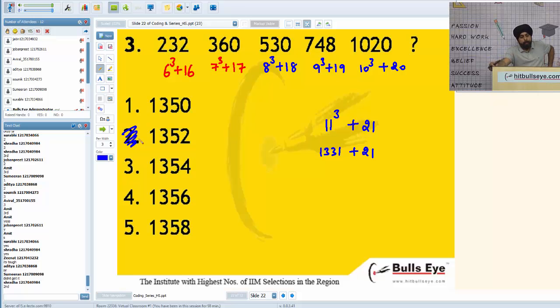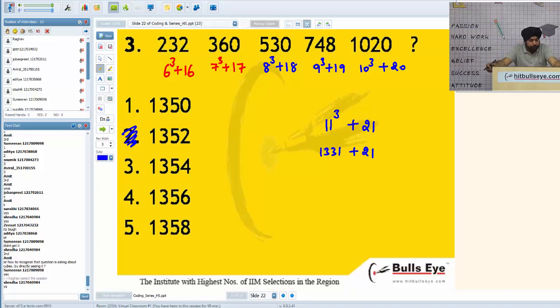You must remember the cubes up to 20. You will see that in series mostly the questions which appear will be based on squares, cubes, prime numbers, so you must remember those. Okay, I hope this is clear. Amit, you have to practice it more, only then you'll get to know.